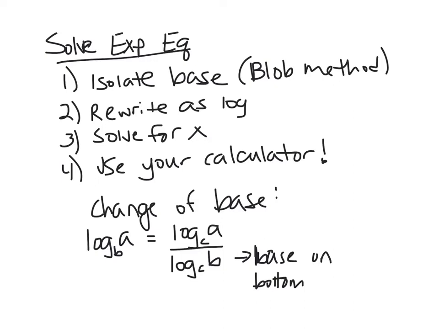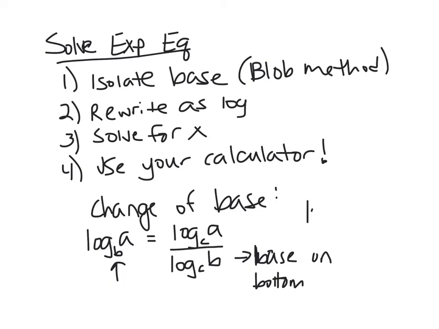When we do this, we're going to need to use something called a change of base formula. All that is, because I don't have on my calculator something with a special base, like a base of 5, so I need to change it to something that's on my calculator, like either log or natural log. And so I use the change of base formula, log base c of a over log base c of b.